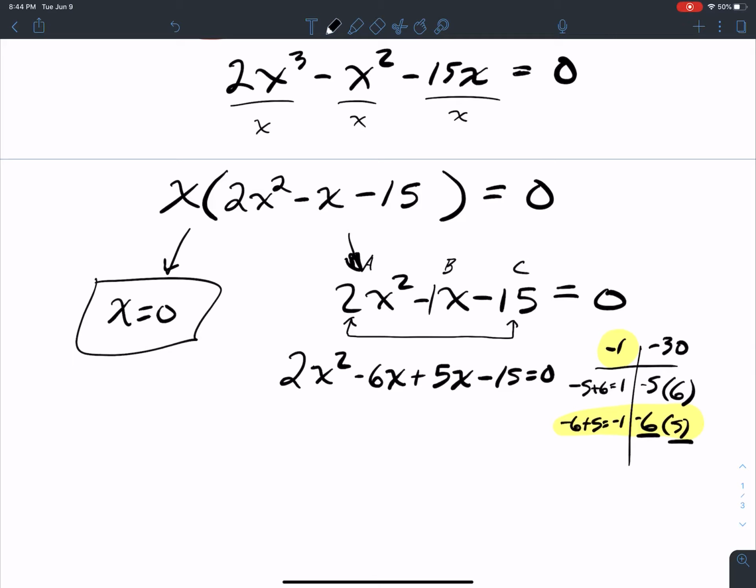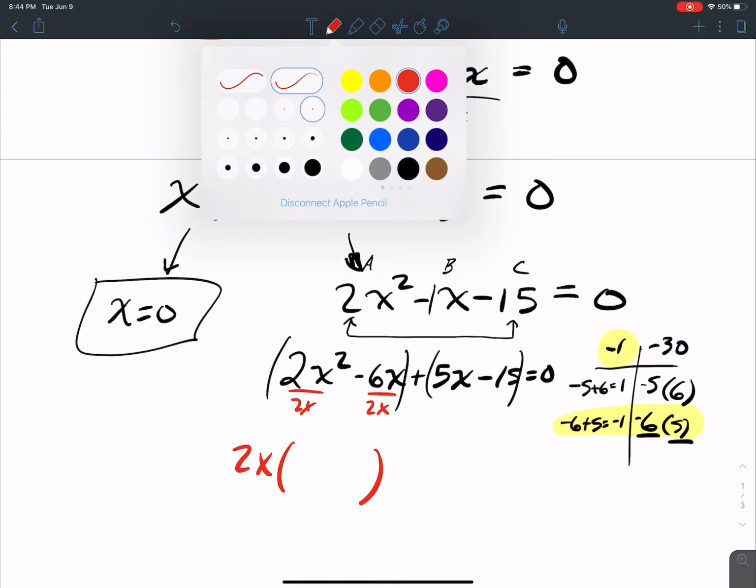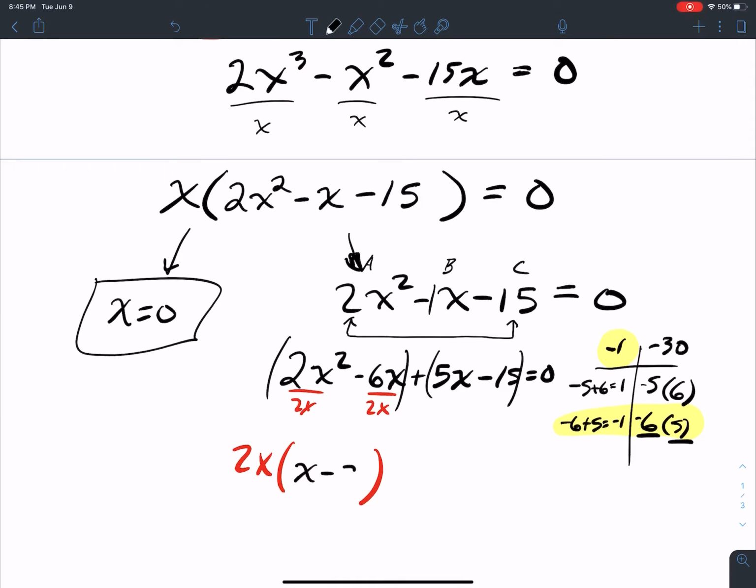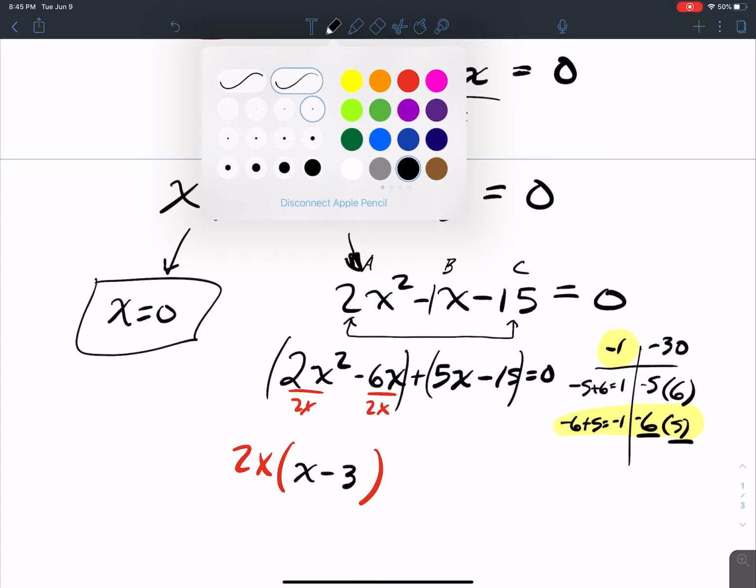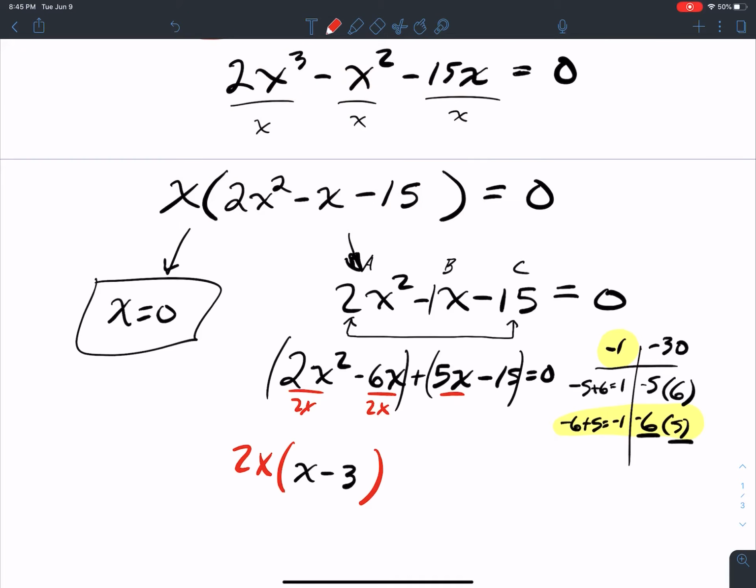4 terms, factor by grouping. Group the first two, group the second two. What's in common? There's a 2 and an x. So I'm going to factor a 2x out, and I have an x minus 3 inside. Now here, I have a 5x and a 15.